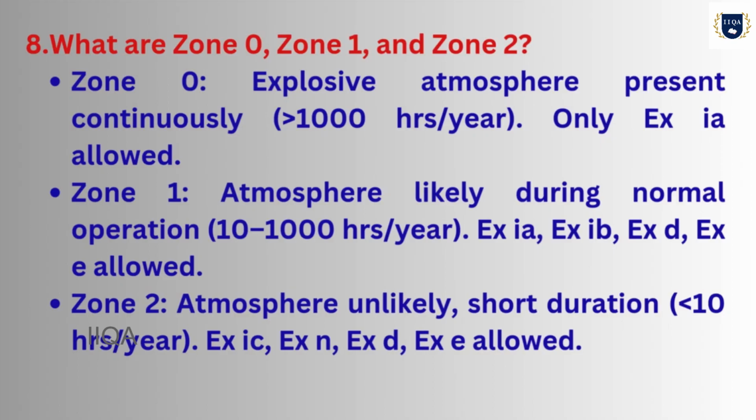Only Ex ia allowed. Zone 1, atmosphere likely during normal operation, 10 to 1000 hours per year. Ex ia, Ex ib, Ex d, Ex e allowed. Zone 2, atmosphere unlikely, short duration, less than 10 hours per year. Ex ic, Ex n, Ex d, Ex e allowed.